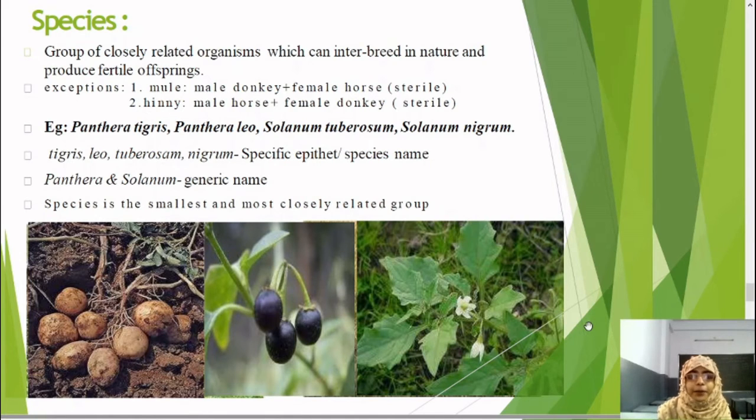I have one more example for you, that is a tiger and a lion. A tiger when interbred with a lioness, which is done in captivity. Captivity in the sense these both are imprisoned in a cage or something like that. A male tiger and a female lion are imprisoned in a cage or in a closed room.